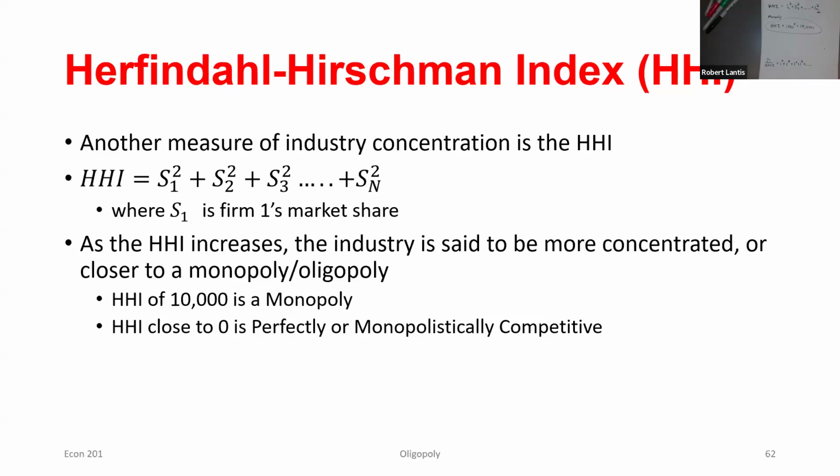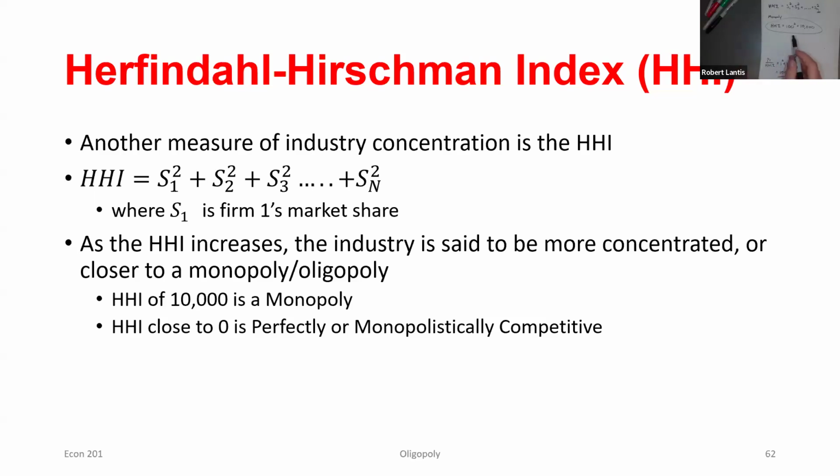If I had 100 firms, and they all have 1% of the overall market share, I'd end up with an HHI of 100, right? The more firms there are, the smaller the market share they have, and that's going to get closer and closer to 0. But even with 100 firms sharing the market equally, we'd have an HHI that's relatively low. So even 100 would be relatively low, right? Monopoly is 10,000, and in between would be markets somewhere between perfectly competitive and a monopoly.